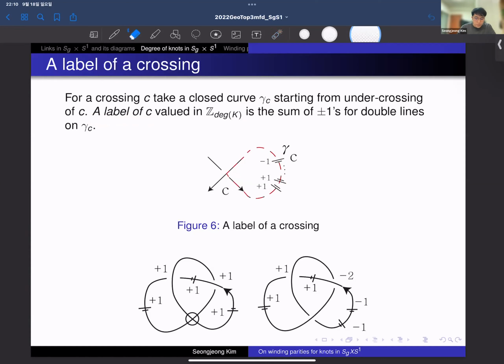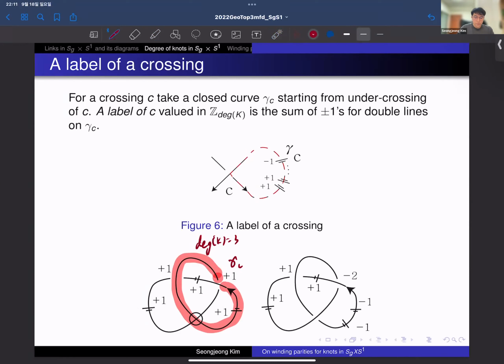For example, in this diagram, the degree of K is equal to 3. And for this crossing, we can take gamma_C like this. On gamma_C, there is one double line with plus 1. So the label of C is equal to 1.